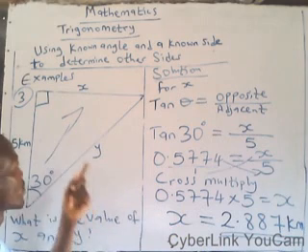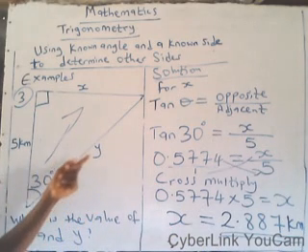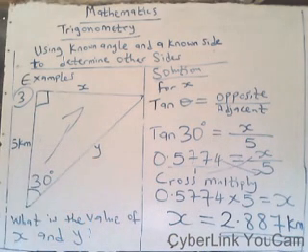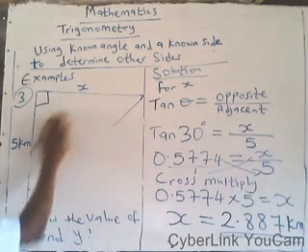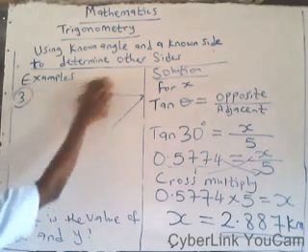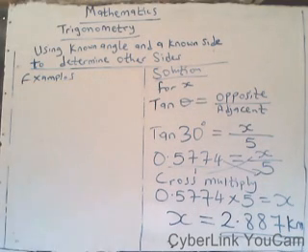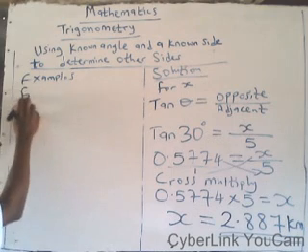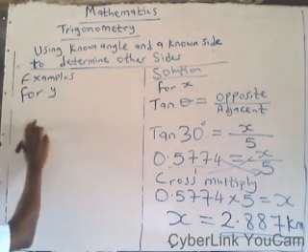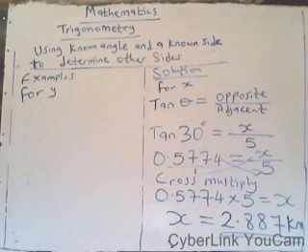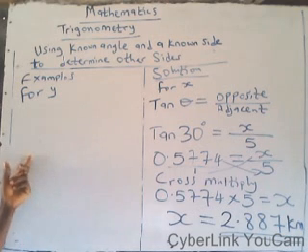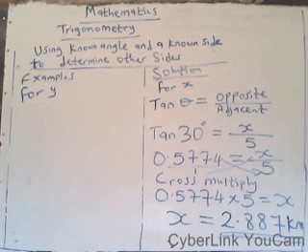Now we want to look for the value of y. Let's solve for the value of y together. What combines the so-called hypotenuse and adjacent together?